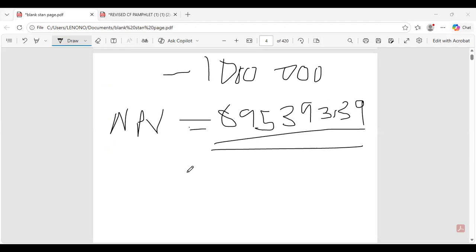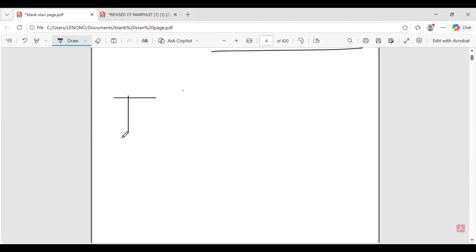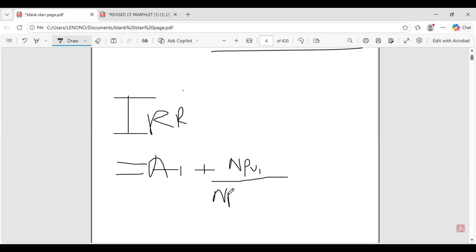So our internal rate of return is equal to A1 plus NPV1 over NPV1 minus NPV2, then B2 minus A1.